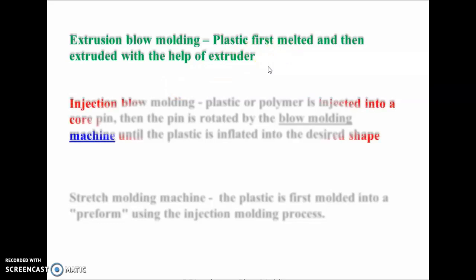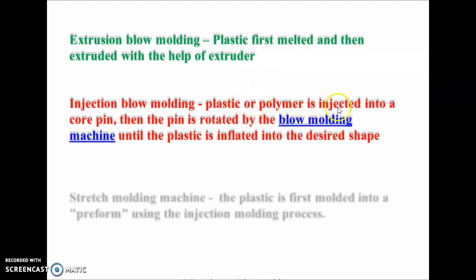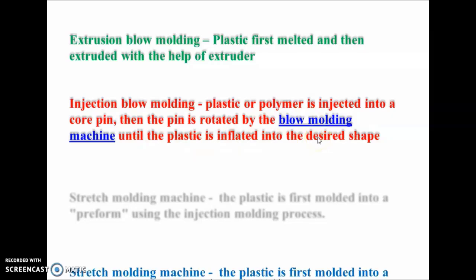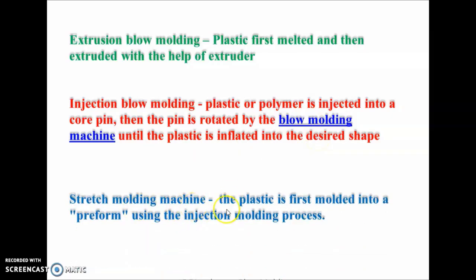Whereas in injection blow molding, plastic or polymer is injected onto the core pin, then the pin is rotated by the blow molding machine until the plastic is inflated into the desired shape. Whereas in the stretch blow molding machine, the plastic is first molded into a preform using the injection molding process, and then only it gets blown into the mold cavity. This is the major difference between extrusion blow molding, injection blow molding and stretch blow molding processes.